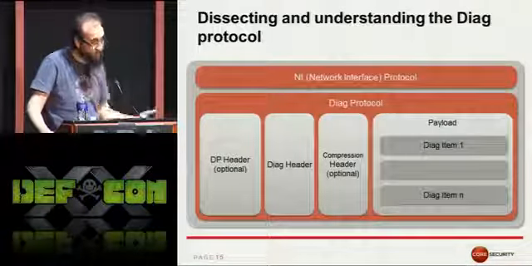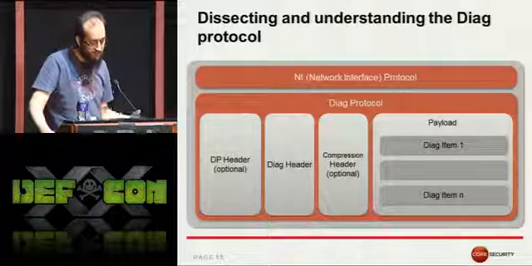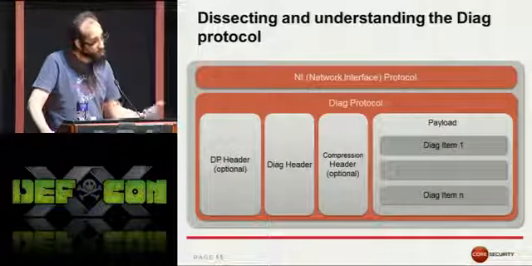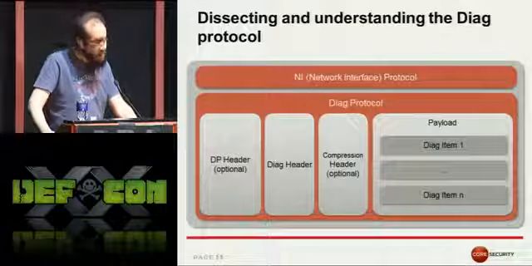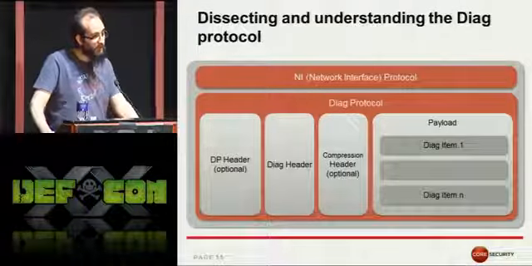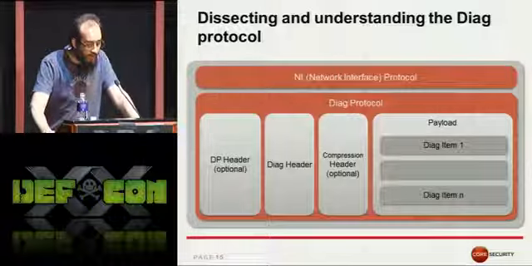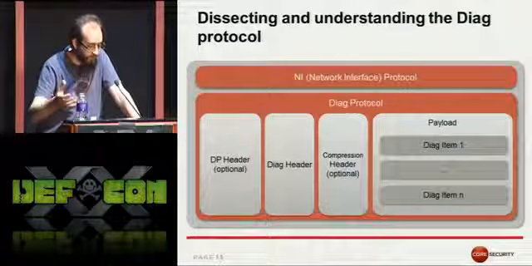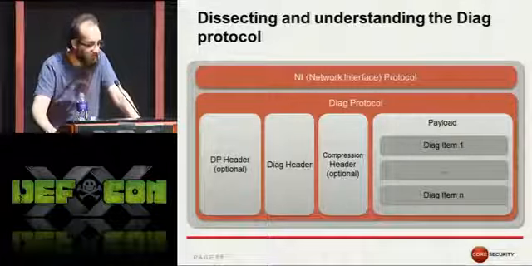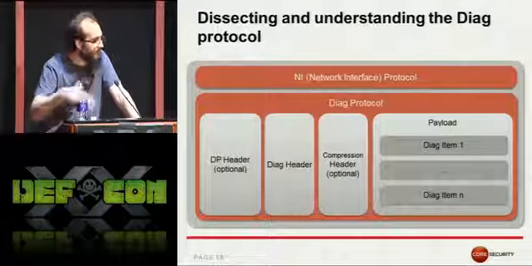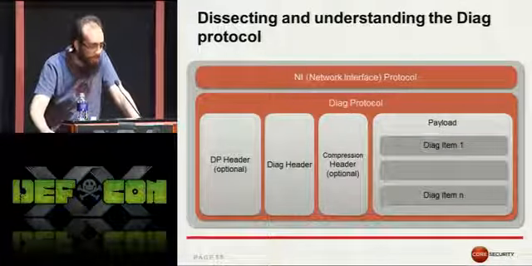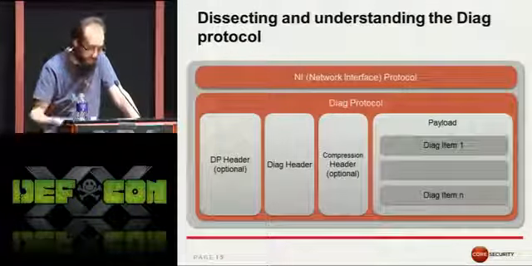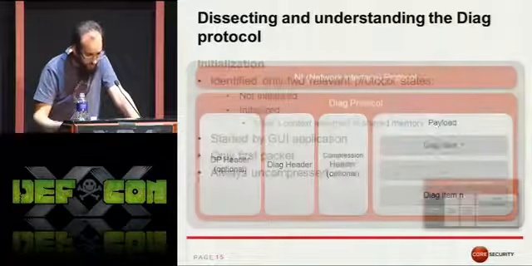Then you have the Diag header, which carries information about the communication. The compression header, which is also optional and only present when the payload is compressed. And the payload itself, which is the part that carries all the relevant information, all the screen data, etc. And it's composed of a variable number of different items. So let's start with each one.